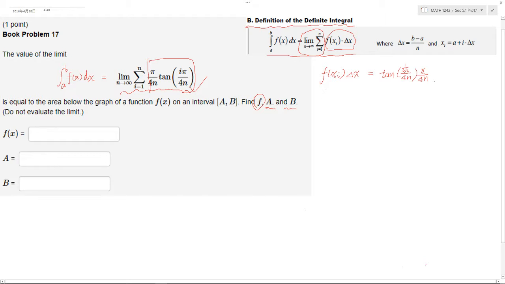Alright, let's plug in something followed by the definition. Let's replace xi by xi equal to a plus i times delta x. And then times delta x, this equals tangent of i pi over 4n times pi over 4n.